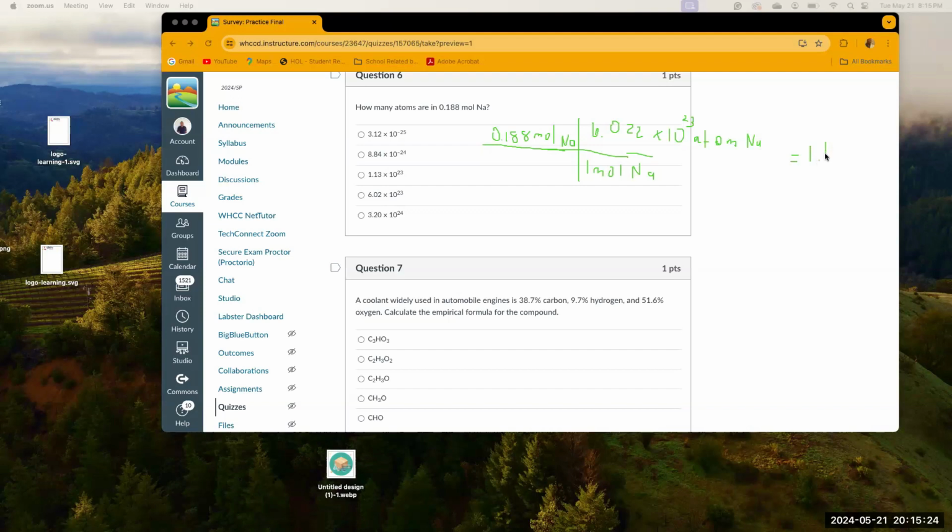So we're going to end up with 1.13 times 10 to the 23rd atoms. So that is correct.